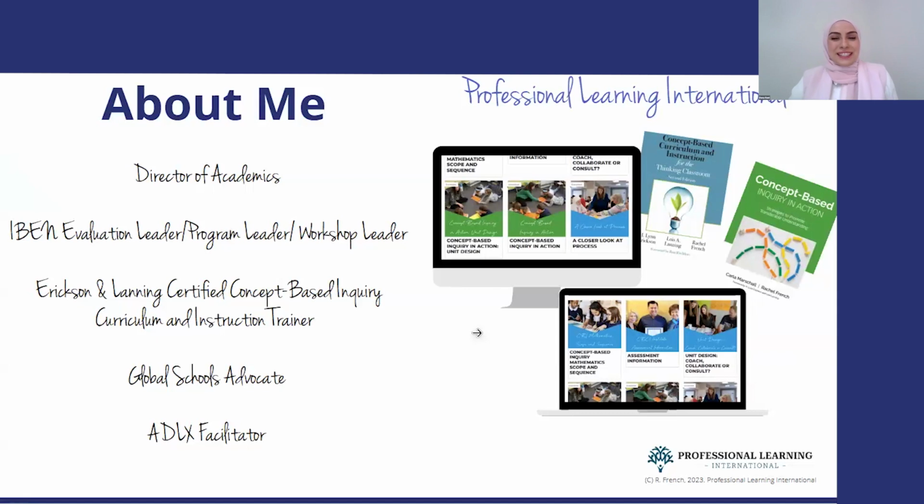And very interestingly and most importantly, I'm an Erickson and Lanning certified concept-based inquiry curriculum and instruction trainer. That was a wonderful experience that I had 2 years ago. I went through the certification process for a whole year and it was life-changing. I always had different questions. I had those gaps that this certification filled for me about teaching and learning.